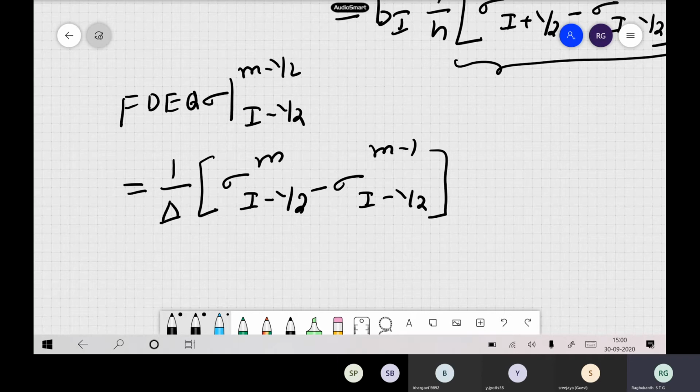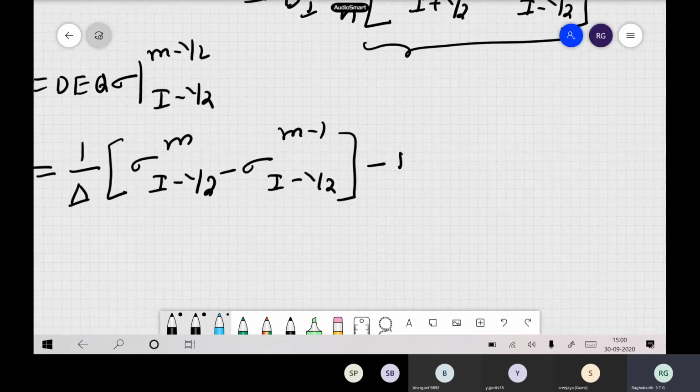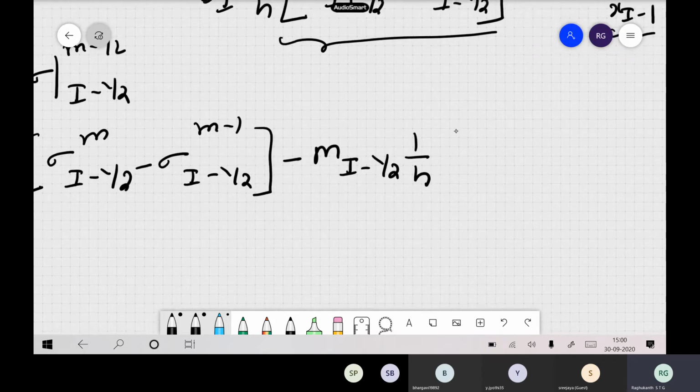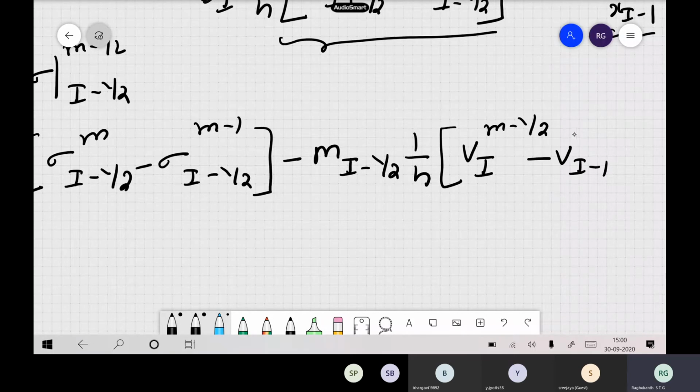So this is the first derivative with respect to time. Then we have another derivative for displacement, at i minus half, so 1 by h, V at i, minus V at i minus 1, m minus half.